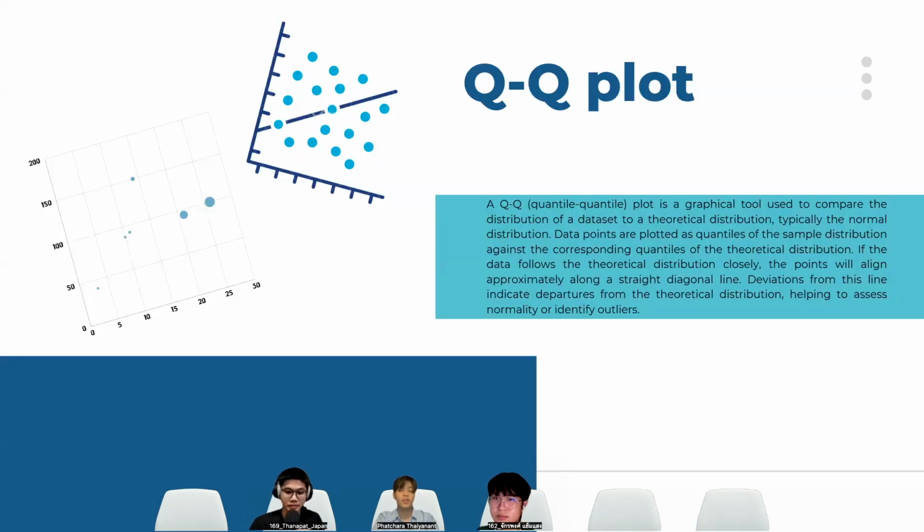A quantile plot, or QQ plot, is a graphical tool used to compare the distribution of a dataset to a theoretical distribution, typically the normal distribution. Data points are plotted at a quantile of the sample distribution against the corresponding quantile of the theoretical distribution.